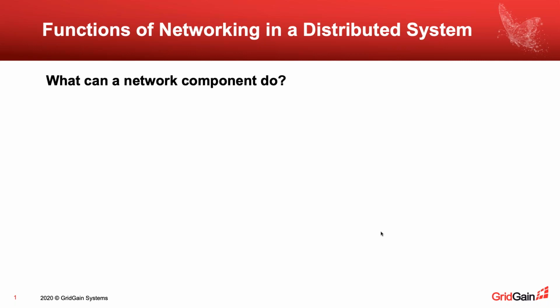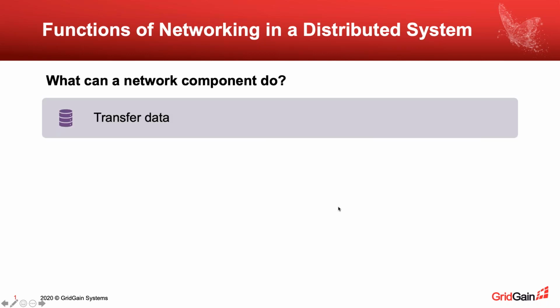So first of all, that one's pretty easy. All of our systems are designed to transfer and process and store data. So transferring data over the network is obviously the main networking function. But what's there other than data transferring?